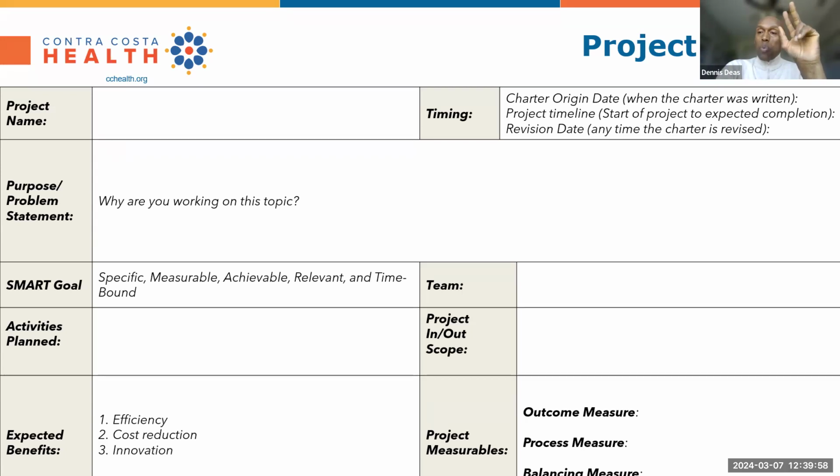The third would be, what are 2 potential process measures for it? And the fourth would be, what would be 1 balancing measure? So problem statement, outcome measure or goal, and those are synonymous with the SMART goal, 2 process measures, and 1 balancing measure.